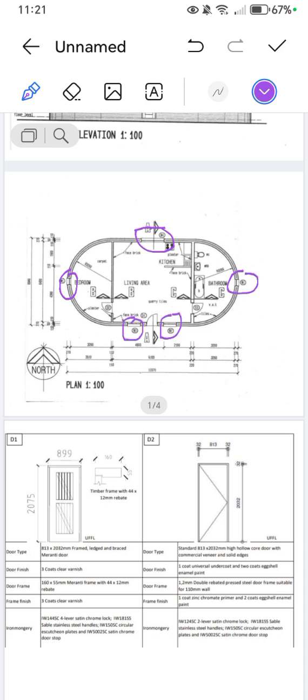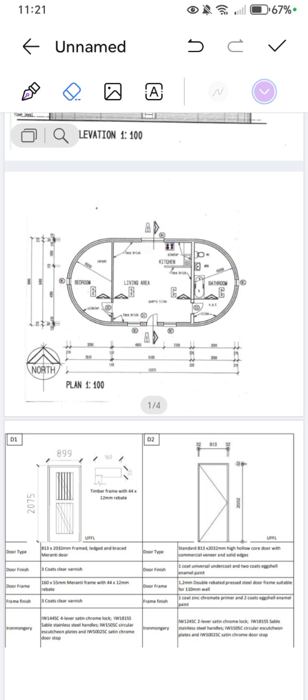So you will also have to calculate the area for the windows, and the same rule applies: if the area is greater than 0.5, you'll have to do the deductions. If it's less, you just measure through everything including that region.